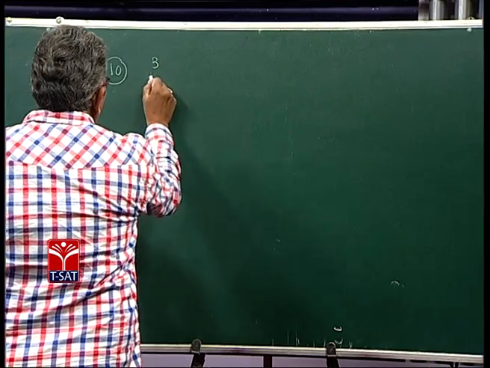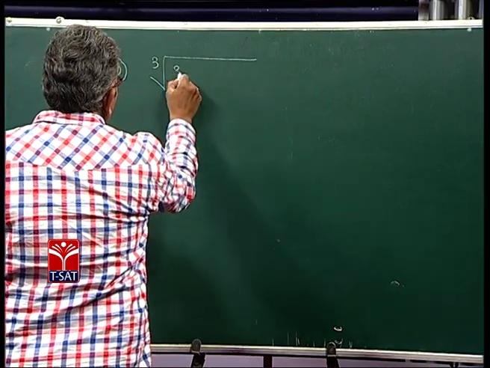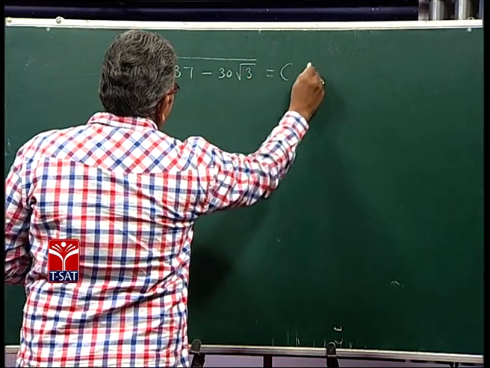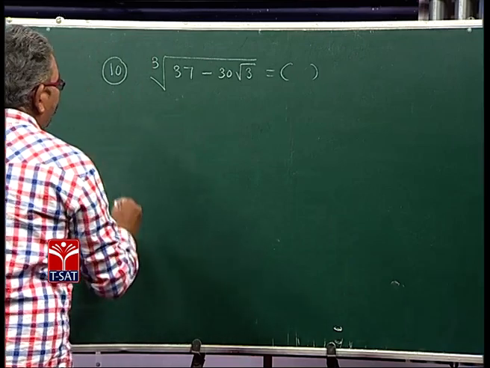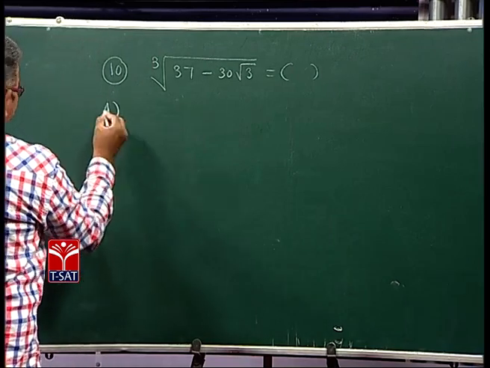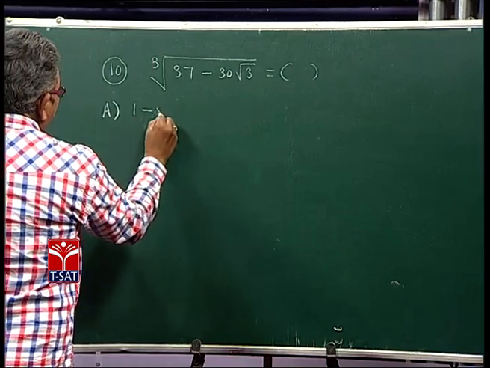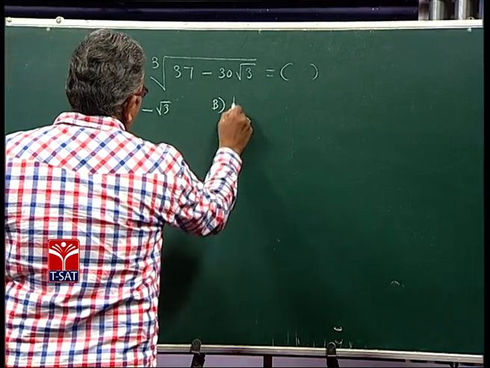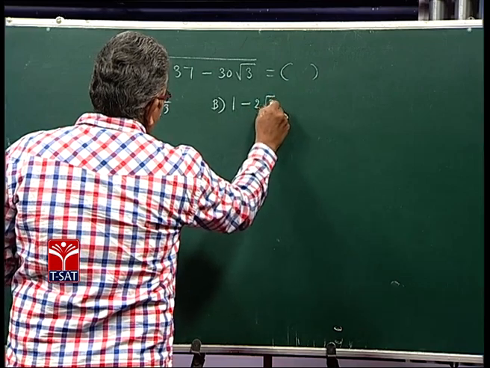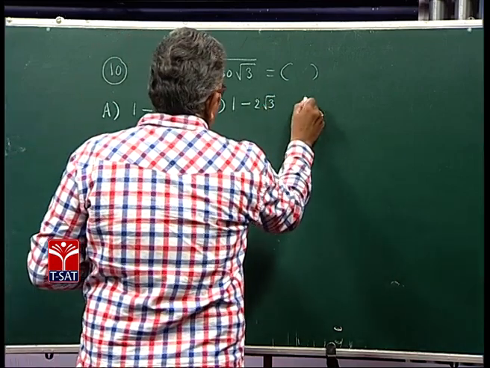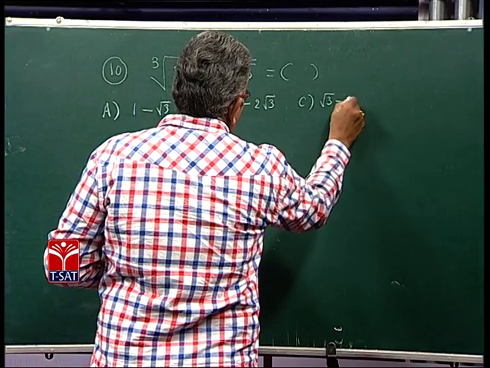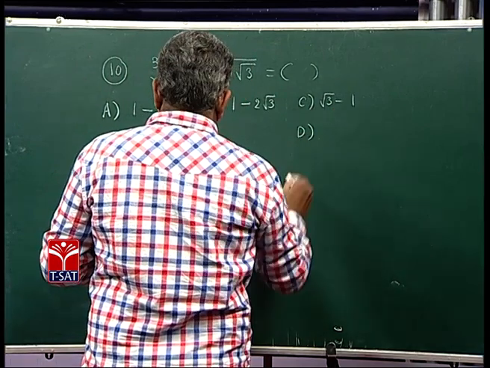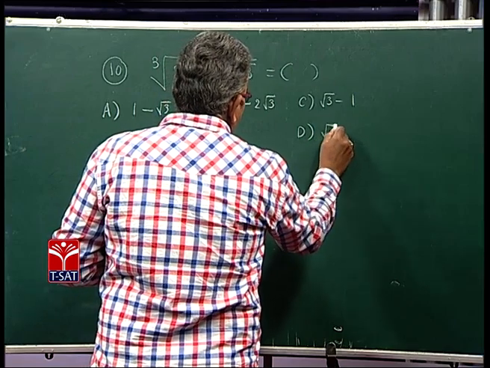Cubed root of 37 minus 30 root 3 is equal to: A, 1 minus root 3; B, 1 minus 2 root 3; C, root 3 minus 1; D, root 3 plus 1.